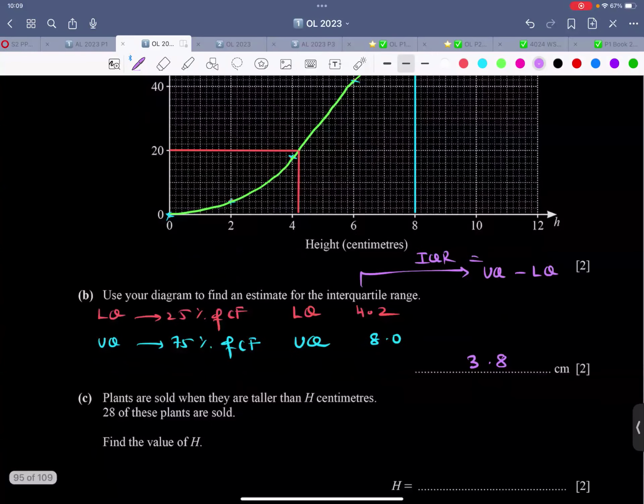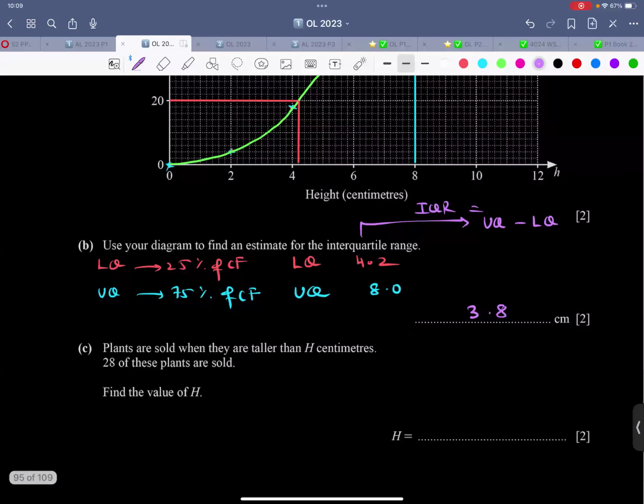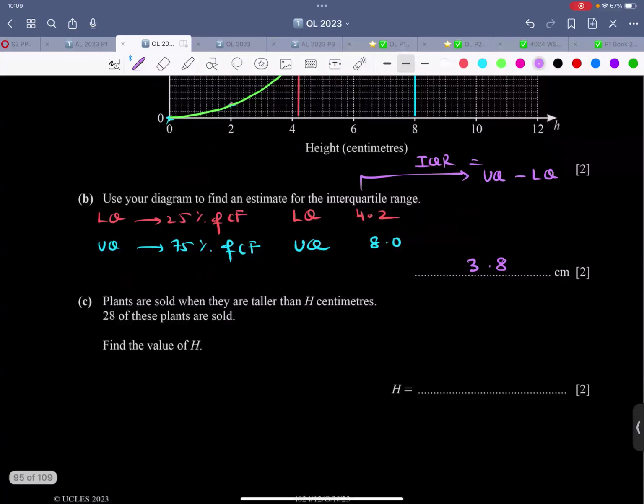Now it says plants are sold when they're taller than h centimeters. 28 of these plants are sold. Find the value of h. So 28 are above h centimeters.